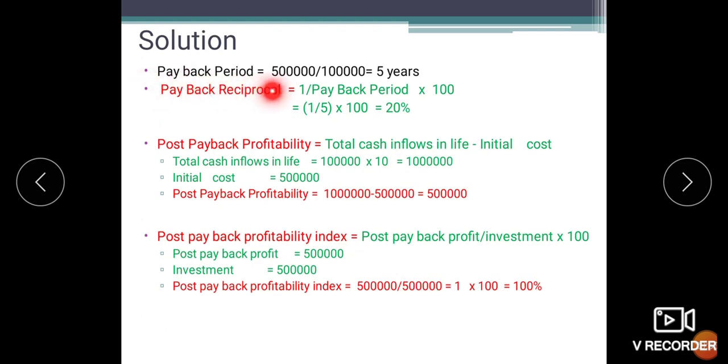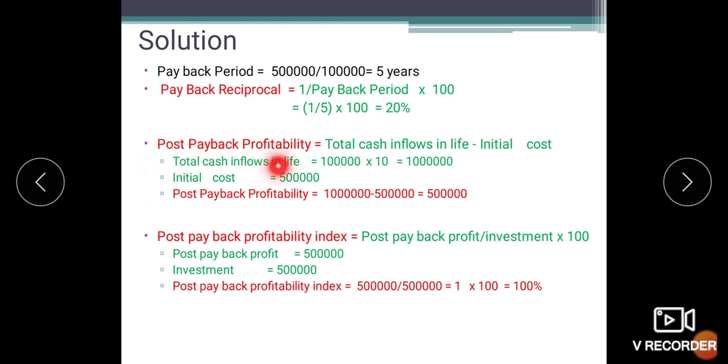The payback period can be calculated simply by dividing the original investment by the net annual income, that is 5 lakh by 1 lakh, we will get 5 years. That's the payback period. Payback reciprocal is 1 divided by payback period into 100. So 1 divided by 5 years into 100, you will get 20%.